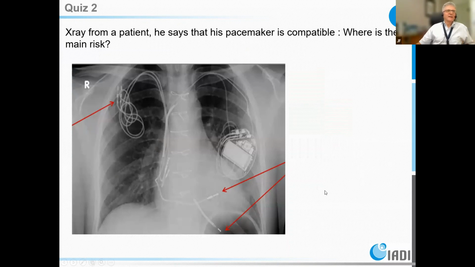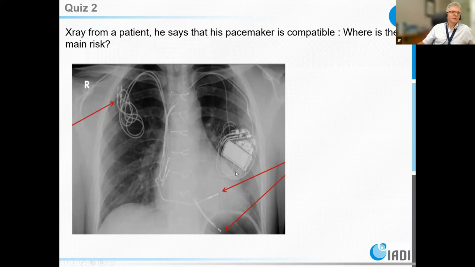This is a patient coming with, in fact, a defibrillator here. What can we see here? Where are the main risks here? Can somebody help me? This is an X-ray, of course. You understand this?